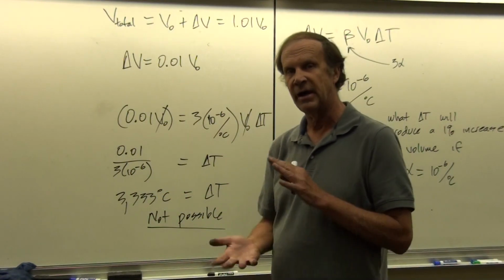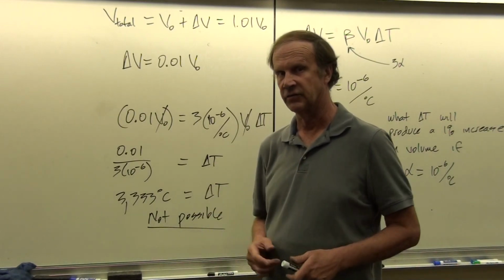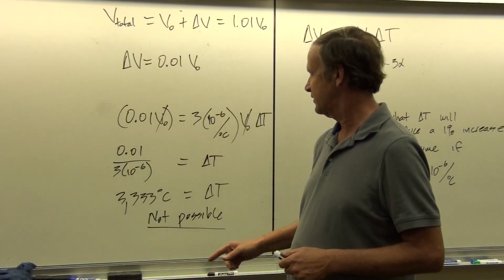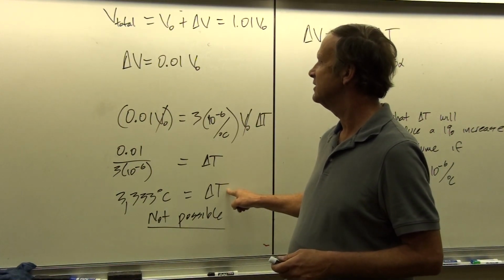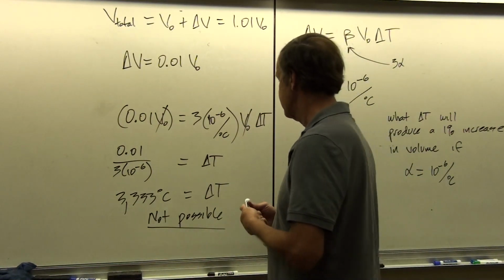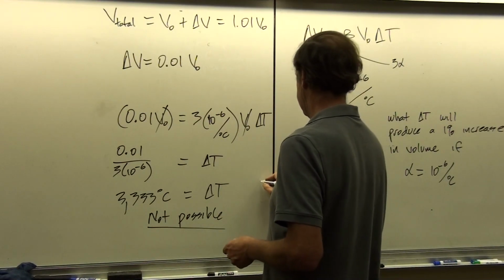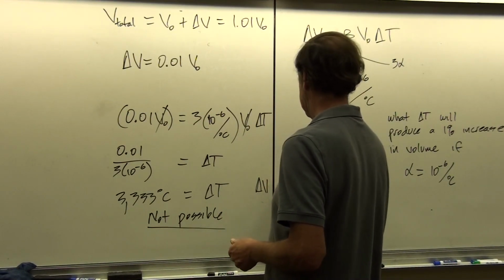Then the alpha, you might make the argument, is constant over that temperature range. Okay, so this shows us then how small the variations need to be. And so this tells us here that the fractional change in volume can't get that big.